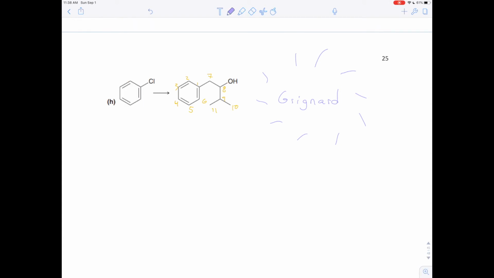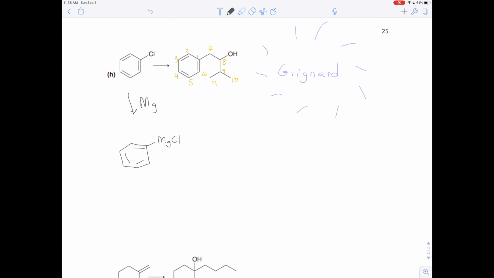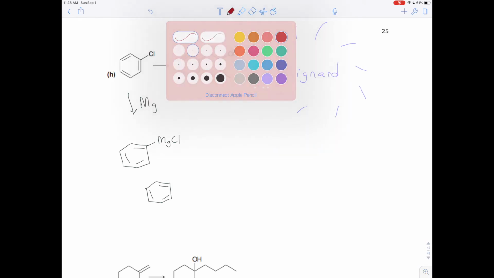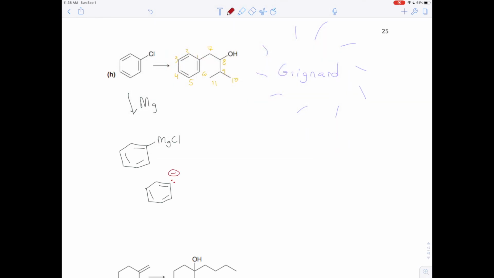So the first step is to change this molecule we're starting with into a Grignard. We do that by dumping solid magnesium there. And so we'll have that Grignard, and that Grignard really functions as this nucleophile. So that's what's going to happen there.